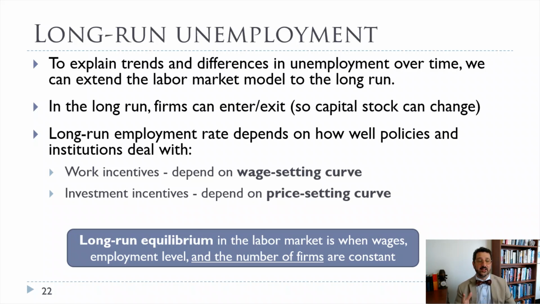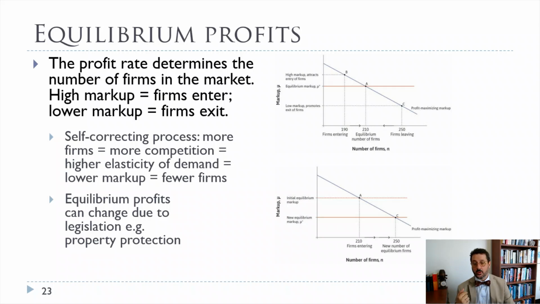Now, that said, the long run equilibrium is never a place where we really get to, right? It's always a place where we're moving. But because we're constantly introducing new technologies, new capital, some firms are going out of business, some firms are starting, we're never really at that long run equilibrium. But what we can think about is the relationship between markups and firm entry and exit, right?